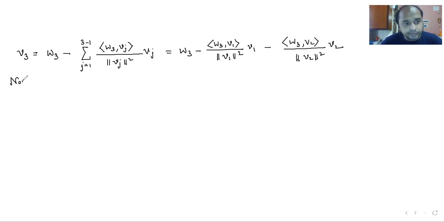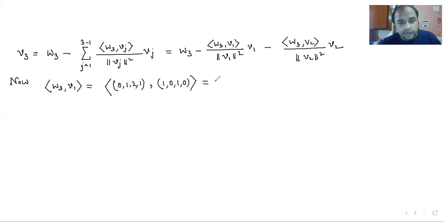Now, first of all, I'm going to compute this inner product W3 V1. What was the vector W3? It was 0, 1, 2, 1. And V1 was 1, 0, 1, 0. And therefore it becomes 0 into 1 bar plus 1 into 0 bar plus 2 into 1 bar plus 1 into 0 bar.